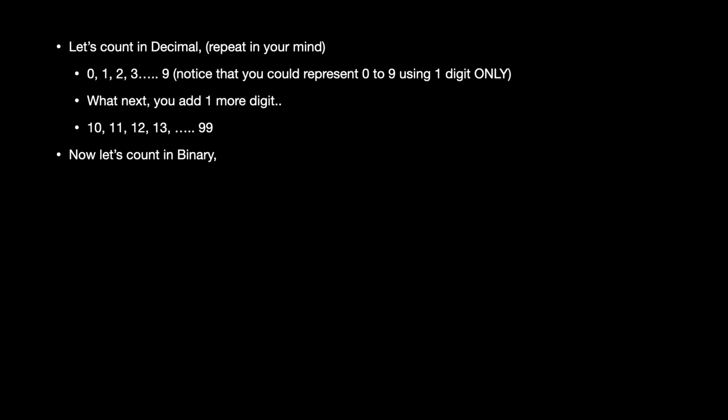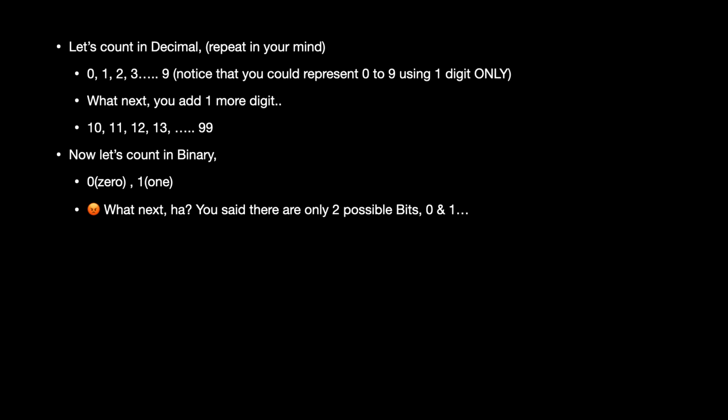Now, let's count in binary. 0, 1. Hmm, what next? You said that there are only two possible bits, 0 and 1. Well, just like in the decimal number system, we added one more digit after 9, in the binary number system, we add one more digit after 1.